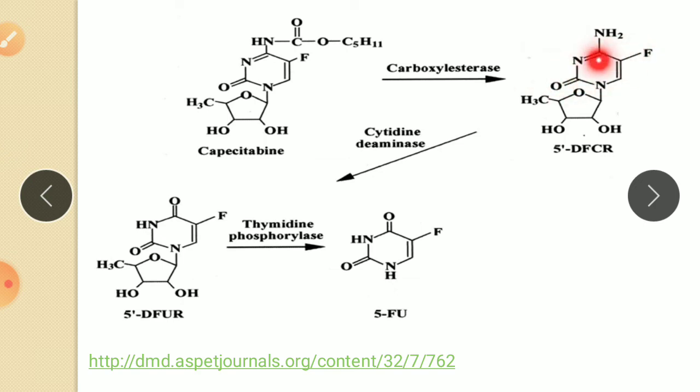So here OH is attached, here is NH, the pi bond breaks, then NH3 is removed. So this NH2 is removed, and hydrogen from the hydroxyl group is removed, and this oxygen is converted into a ketonic group. And finally, there is a removal of the sugar molecule by the enzyme thymidine phosphorylase to form 5-fluorouracil.